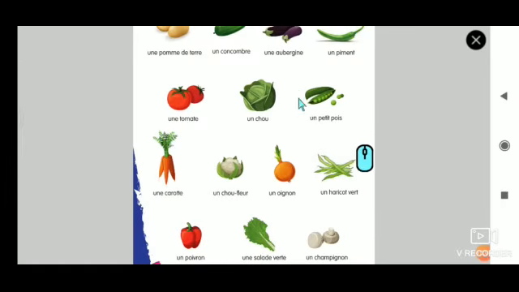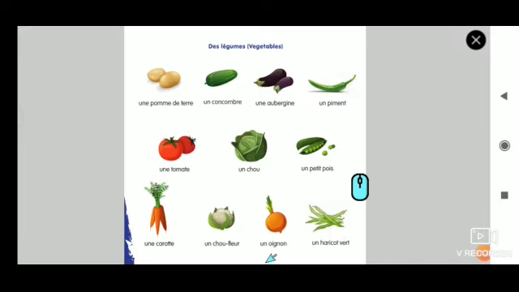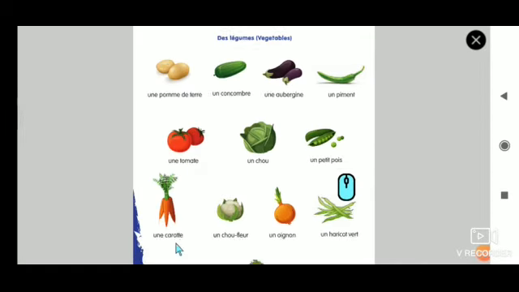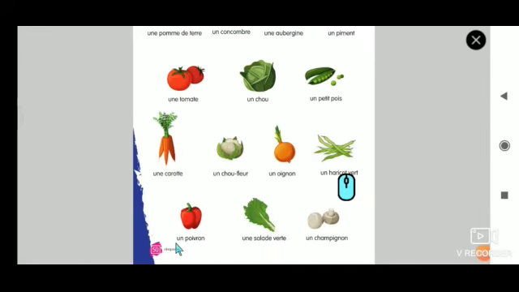1 2 3 4 5. See, here feminine is lesser than masculine. So here when it comes to vegetables, remember the feminine vegetables, so that it will be easy for you. Other than these feminine vegetables, whatever comes, you can make it masculine, that is un. Okay, so I'll read the feminine words first. Une pomme de terre, une aubergine, une tomate, une carotte, une salade verte.